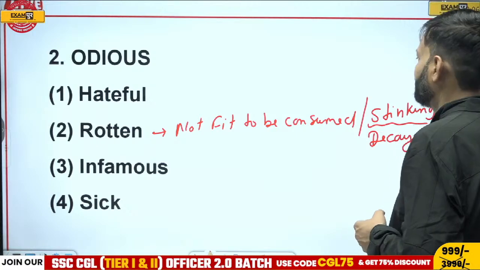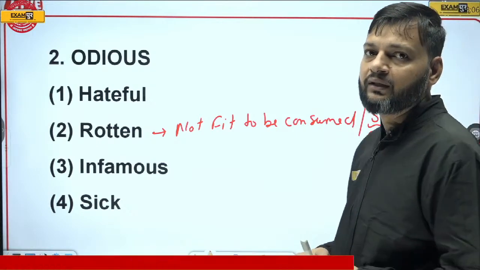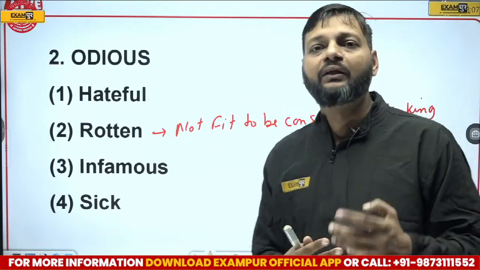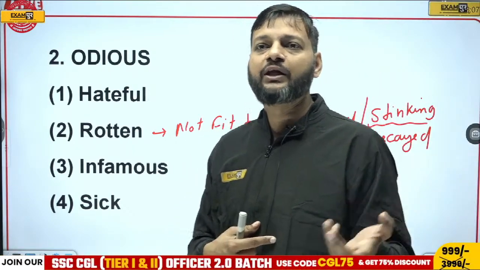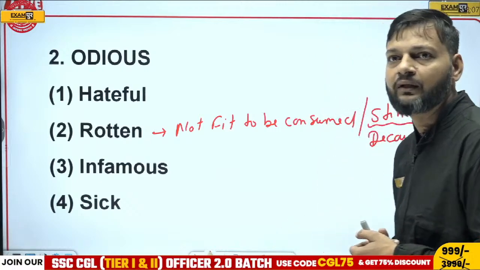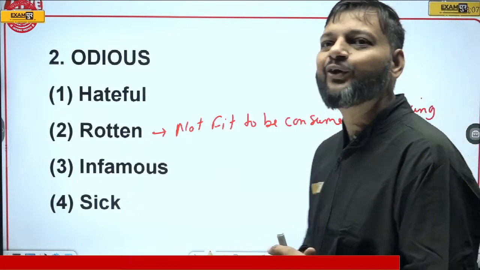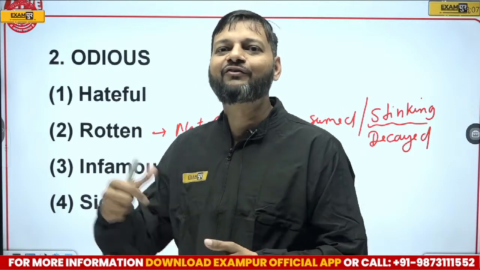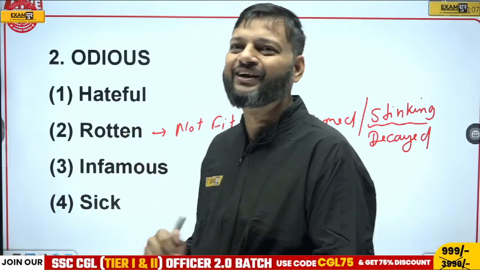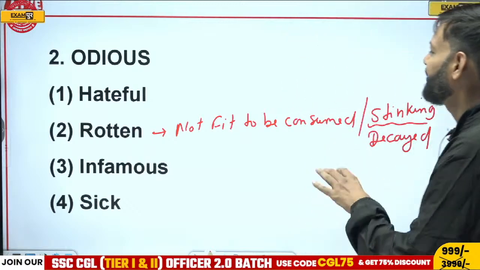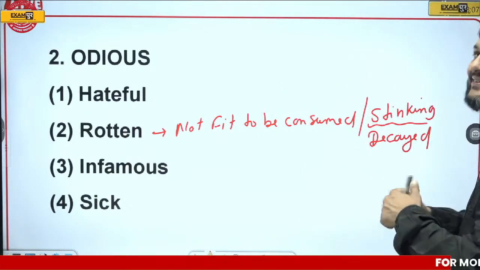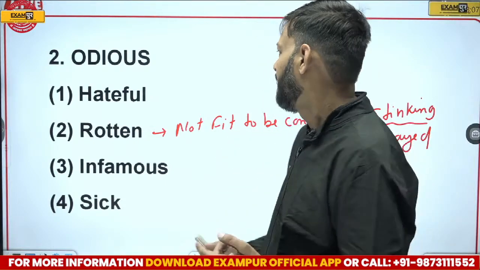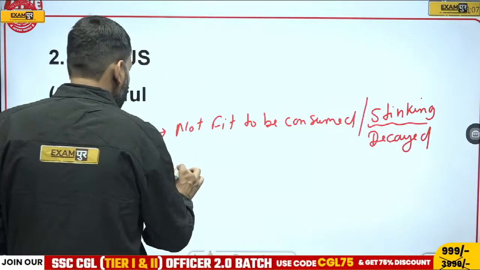Rotten, right? A rotten apple. You must have heard this idiom, a rotten apple. Okay, Dimpy, I thought that you were giving me the answer of this question. Wonderful. So, rotten means not fit to be consumed, or stinking or decayed, right?